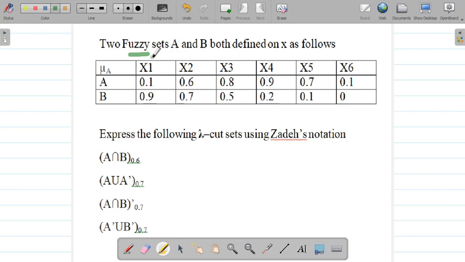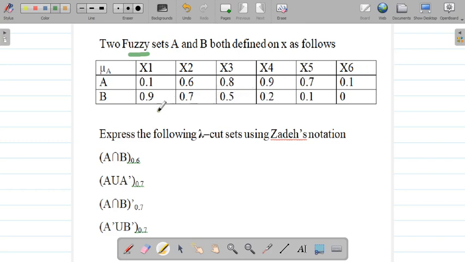Today we are going to see the next important question from fuzzy logic. Two fuzzy sets A and B are both defined on X as follows. The fuzzy set A: 0.1, 0.6, 0.8, 0.9, 0.7, 0.1.